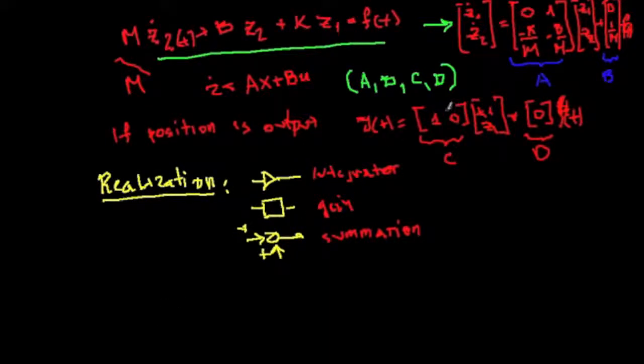Keep in mind that this is A, B, C, and D, and let us write that u starts here as input, which is f of t, multiplies the block 1 by m, it's a gain. It goes into the summation element because I want f of t times 1 by m plus I want to generate all of this.